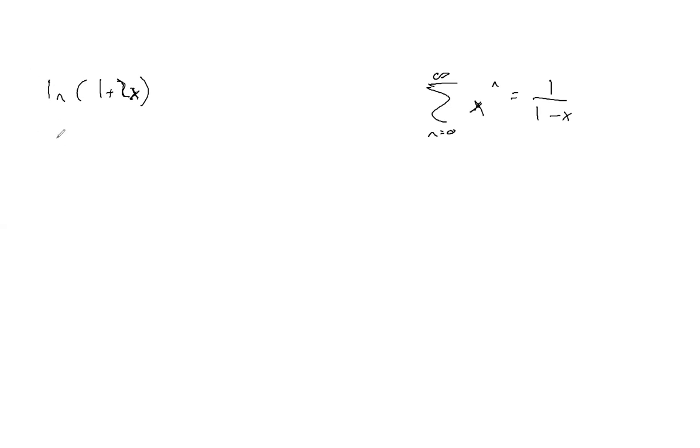So I differentiate this, I'll get 1 over 1+2x times 2, right? Chain rule. Okay, so this is the integral of this.